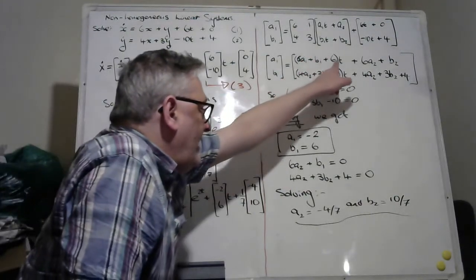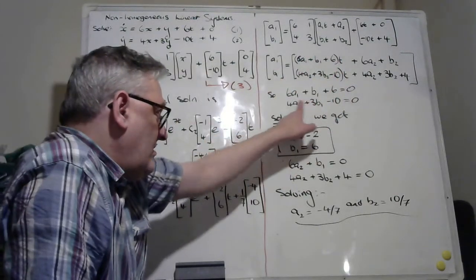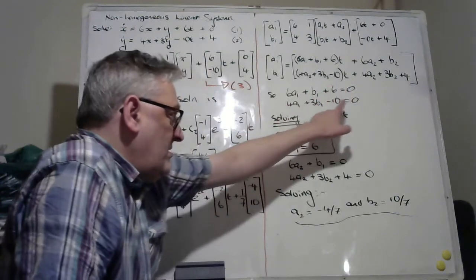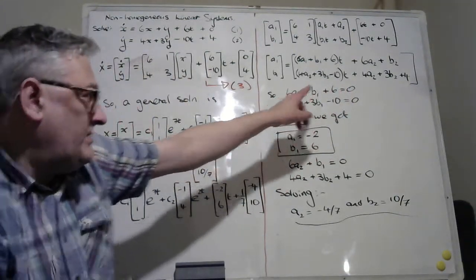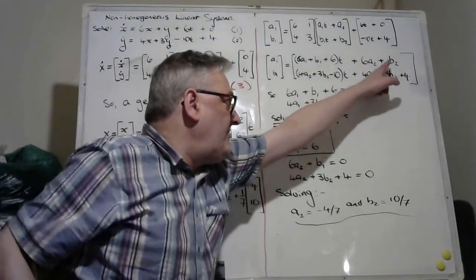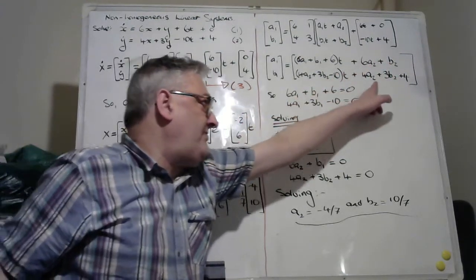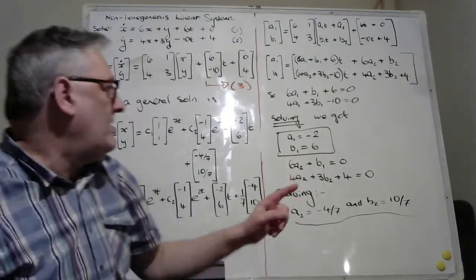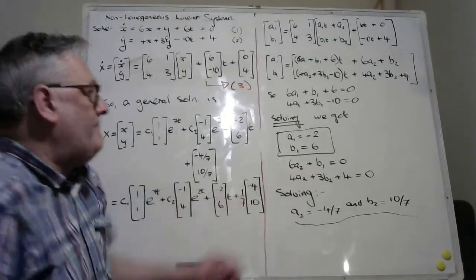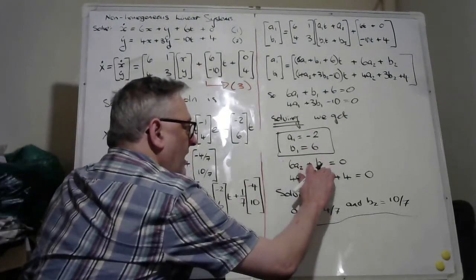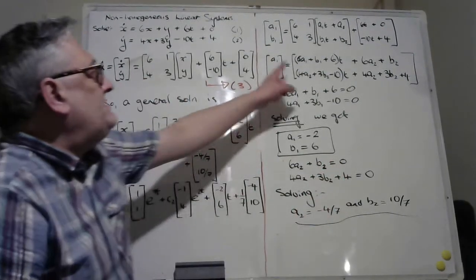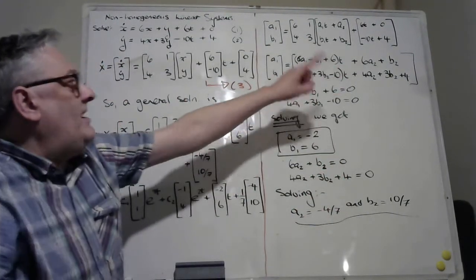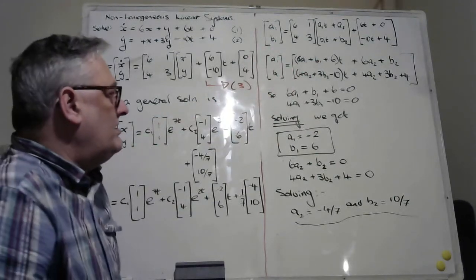You have to equate this to be 0 and this to be 0 and then solve for A1 and B1, and you also have to solve this equal to 0 and this part equal to 0 and solve for A2 and B2, because for this to work all of that side has to be equal to 0.